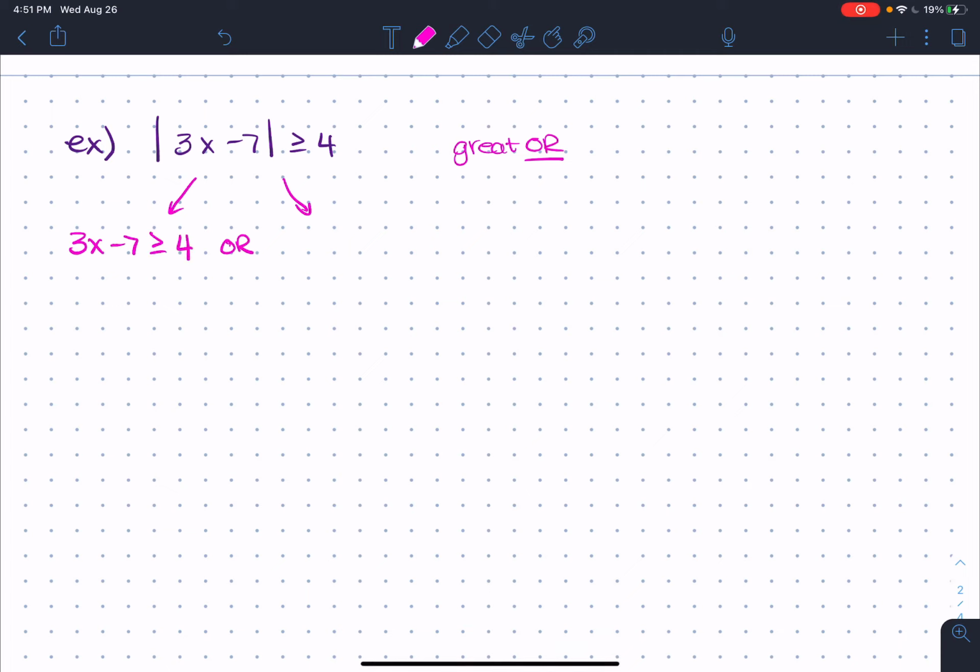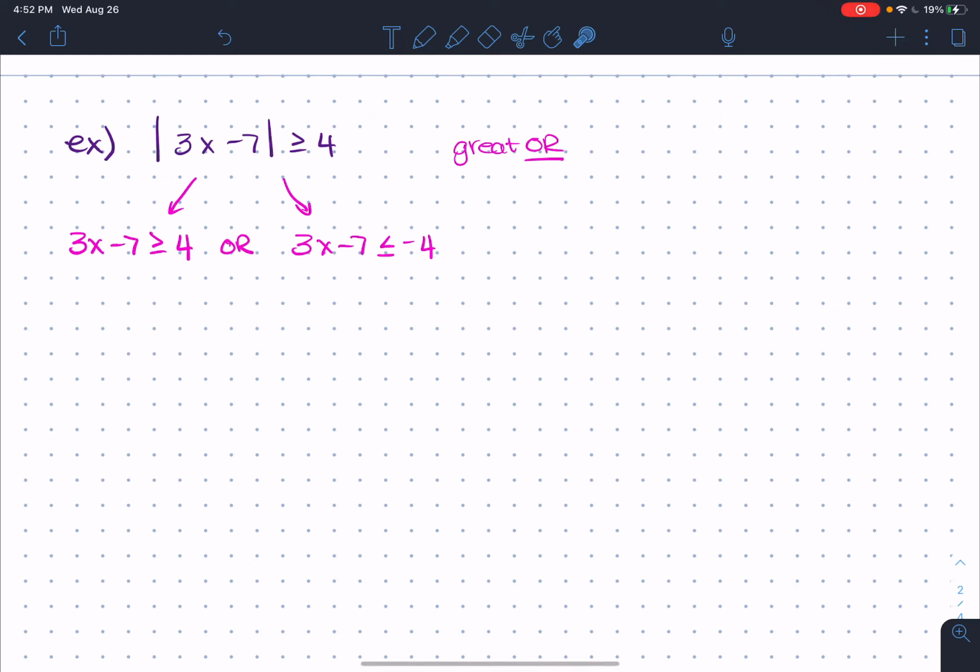So that's basically getting the idea of this distance is greater than 4 units in the positive direction. But we can also say that 3x minus 7 is less than or equal to negative 4. If we go in the opposite direction, there's a negative, but remember, when you flip the sign, you flip the inequality.